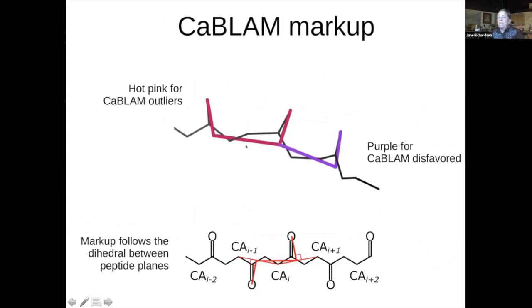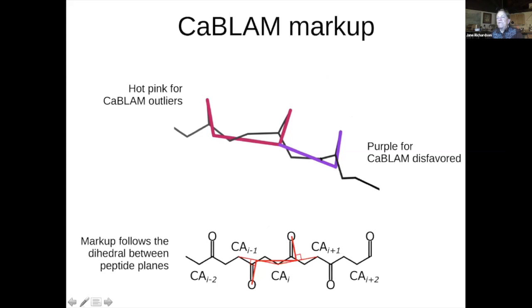And the markup on a structure uses those carbonyl directions. So for a 1% outlier, it does it in magenta, a hot pink, and for a 5% outlier, which is maybe suspicious, but not reliably bad, that means that 5% of the good data has purple outliers.